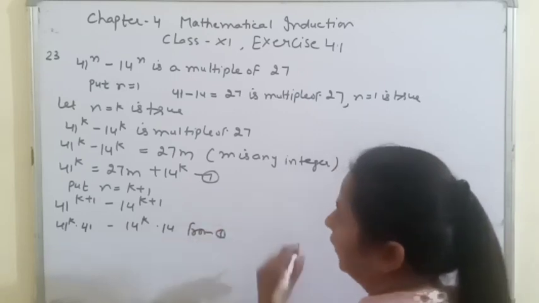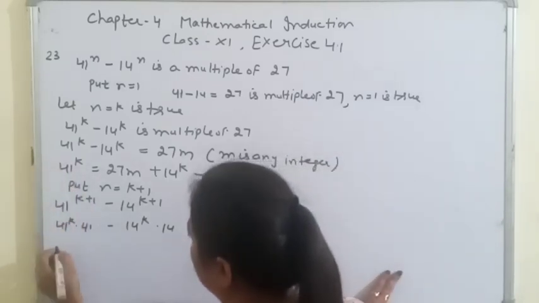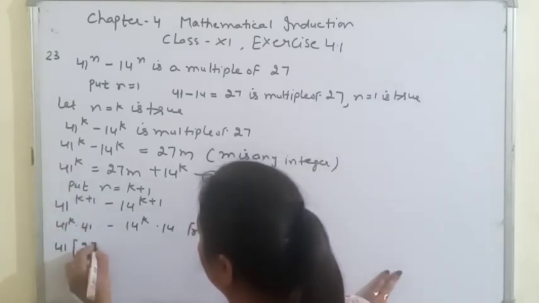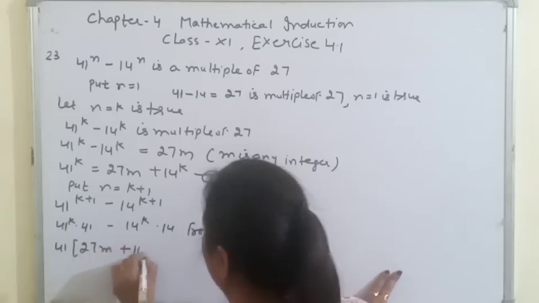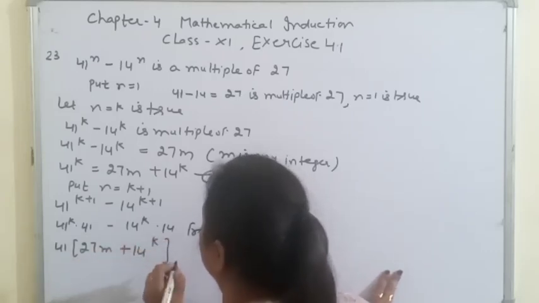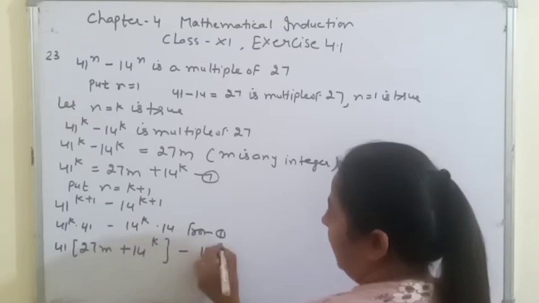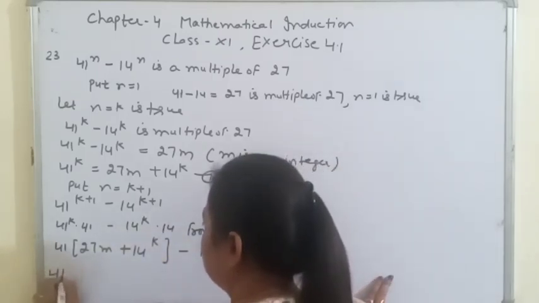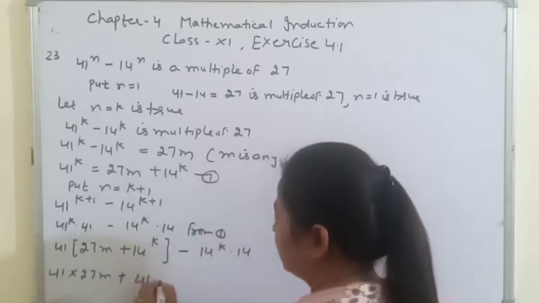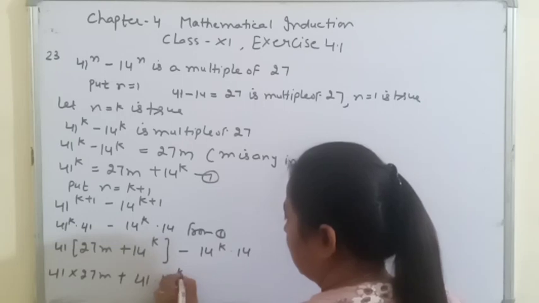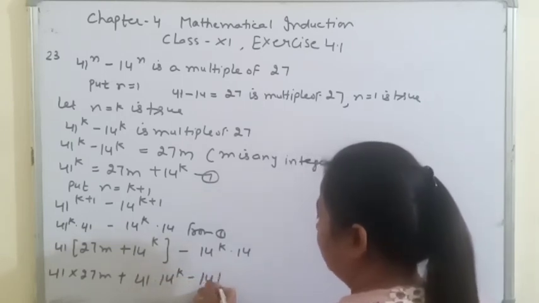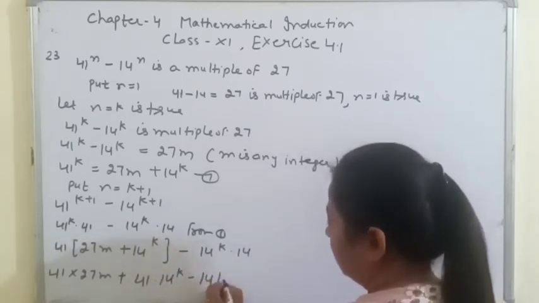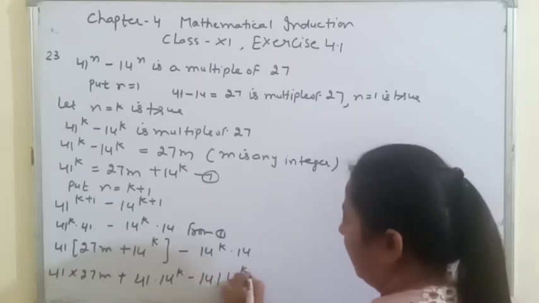In place of 41 power k, we can write 27m plus 14 power k, minus 14 power k into 14. Now multiply it by 41: 41 into 27m plus 41 into 14 power k minus 14 into 14 power k.